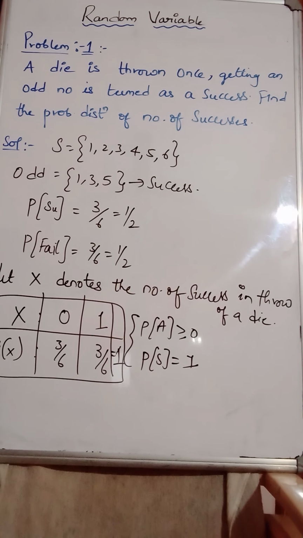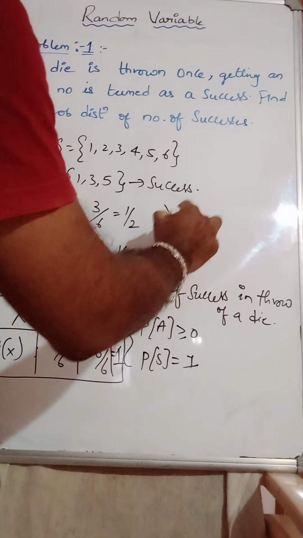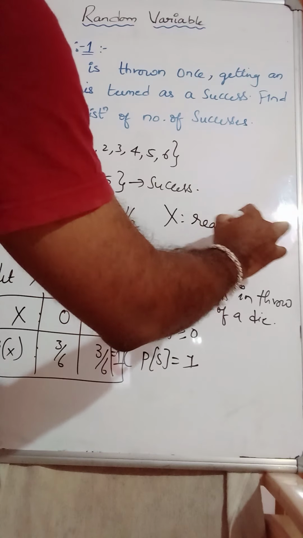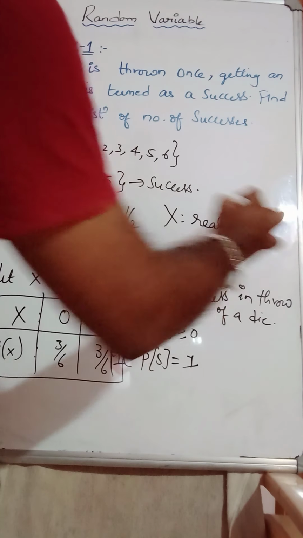So what did you understand based on this question? For any question, first we need to find out the probabilities of the real values. So real values are to be identified first. That is step 1: for any random variable, real values should be assigned.